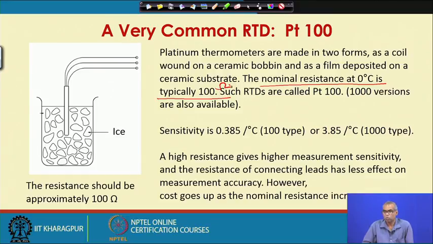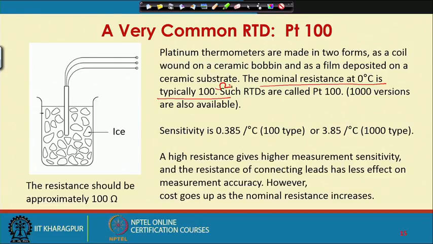Also 1000 ohm versions are available. That means the nominal resistance at 0 degree Celsius will be 1000 ohm, but typically the nominal resistance is 100 ohm and we call these RTDs as PT100.